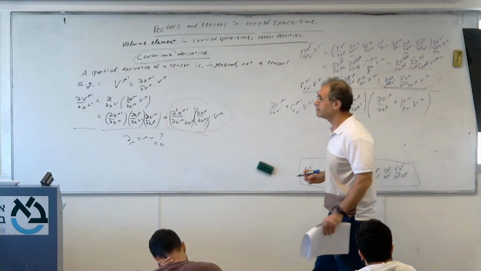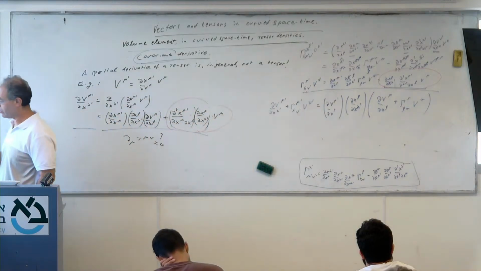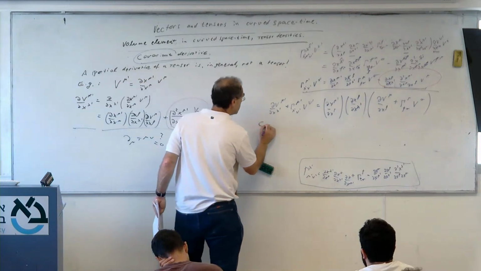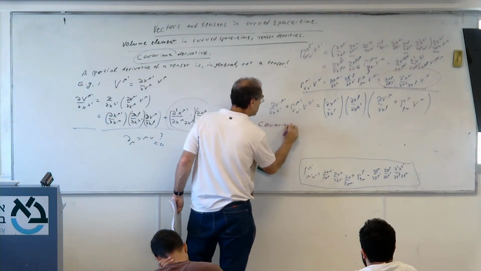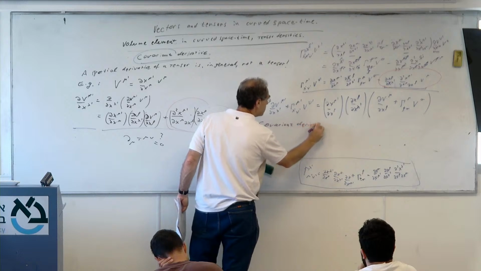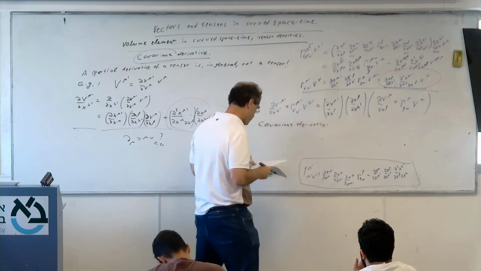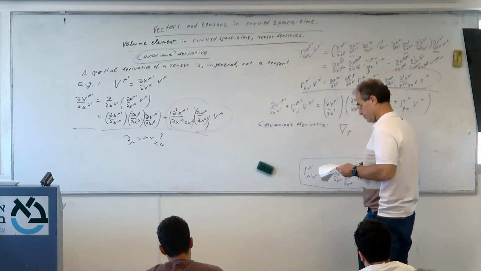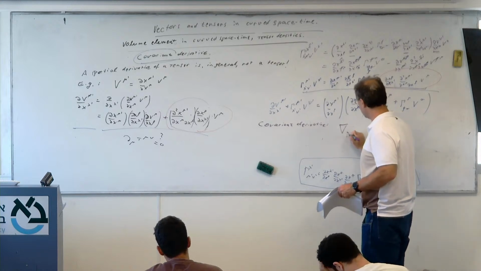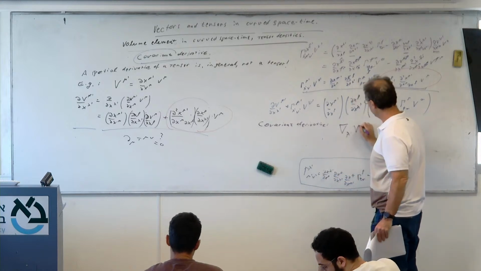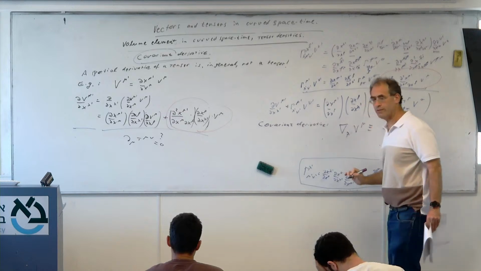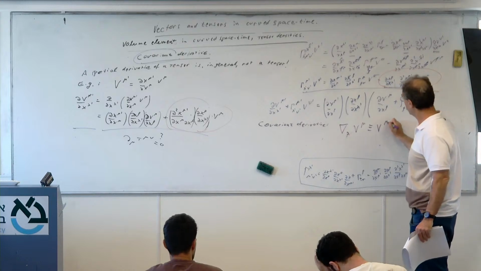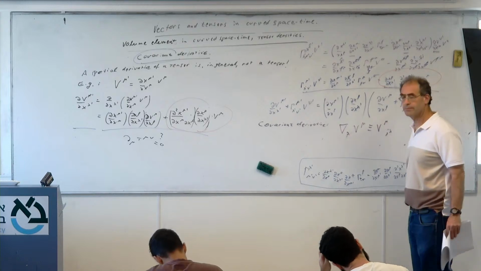So this leads us to define what we call the covariant derivative, and it's denoted by nabla, so nabla lambda v mu. The way I will write it is with a semicolon, v mu semicolon lambda.